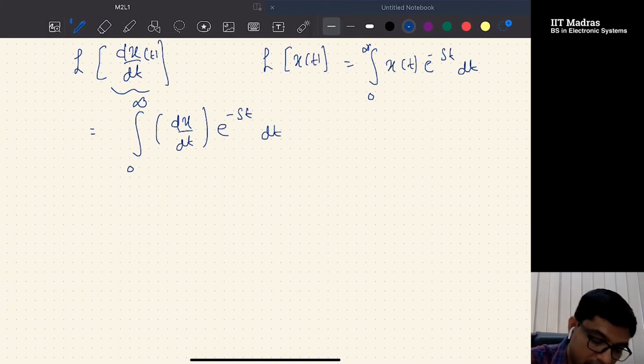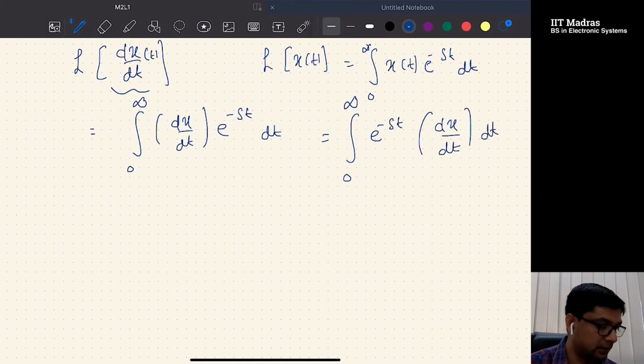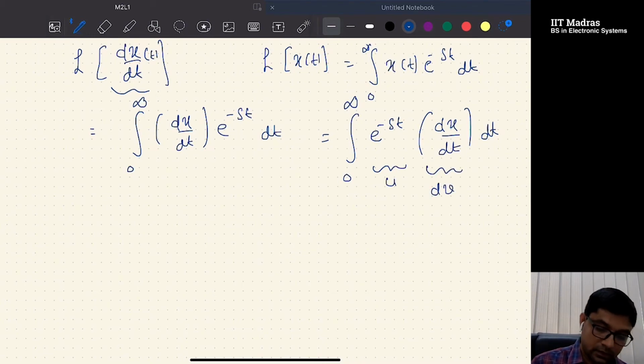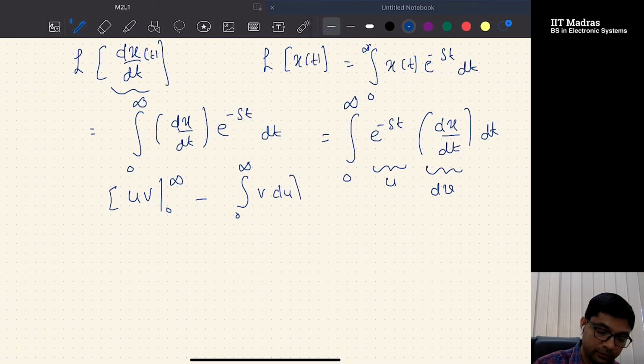I will rewrite this, reorganizing terms, e^(-st) times (dx/dt) dt. Again, I'll do integration by parts. I'll call this u, I'll call this dv. So this will be uv from 0 to infinity minus the integral from 0 to infinity of v du.